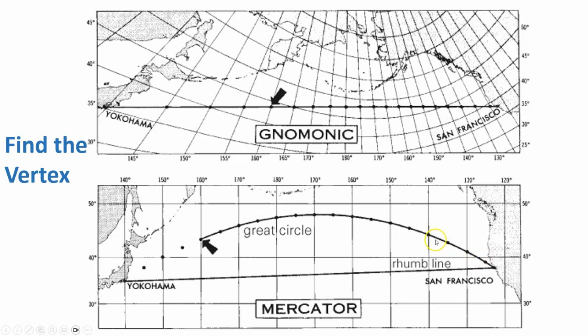This great circle, although it appears to be a longer distance, is actually shorter, and we can approximate that voyage. So we would steer the same course here, then change course a little bit, and change course here. We'll talk more about how to do this next class. So there's our vertex. It's the highest latitude, and there's the same vertex right there.